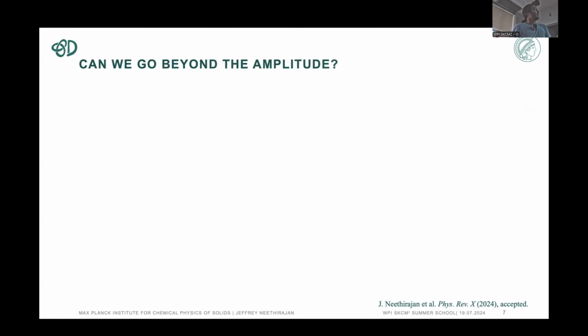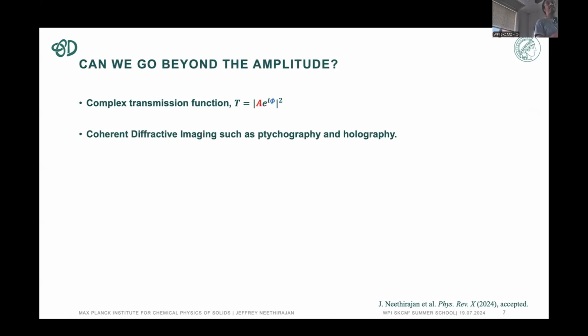However, can we go beyond the amplitude? Because if we look back at the transmission function of an element, it's a complex one, meaning you have an amplitude as well as a phase. However, detectors cannot follow the oscillation frequency of light, so you don't usually measure the phase, you only measure the amplitude. There's a way around this, where smart people developed coherent imaging techniques called holography and ptychography, to name a few.